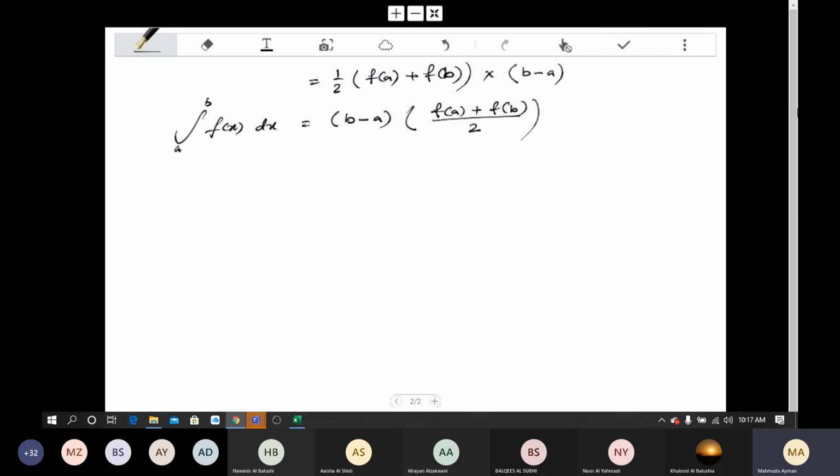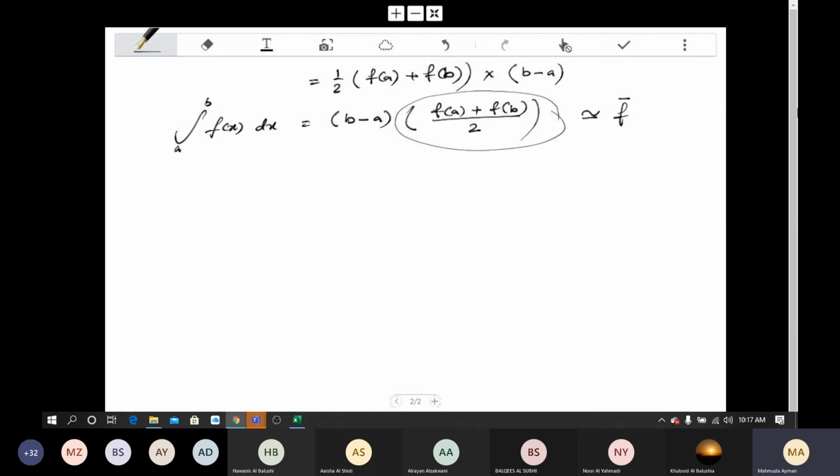I put the half inside the brackets so that I can tell you that this here is some approximation of the average value of the function. Okay.